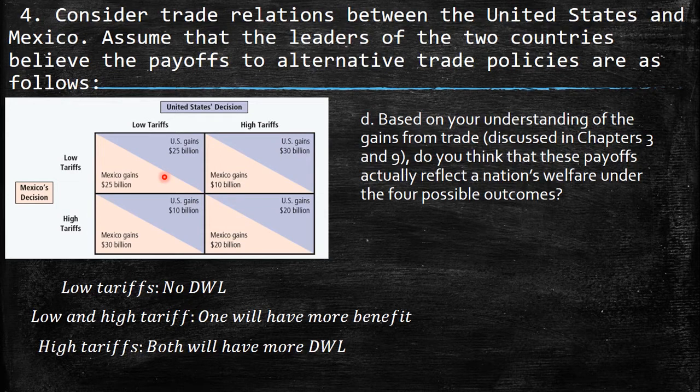And the worst scenario is when not even one country benefits, and both of them have troubles and get less welfare because they charge high tariffs.